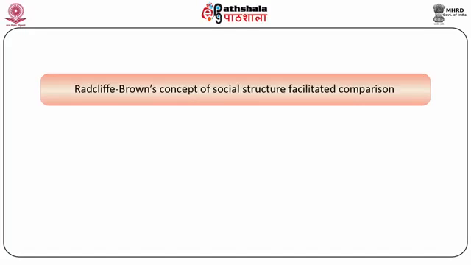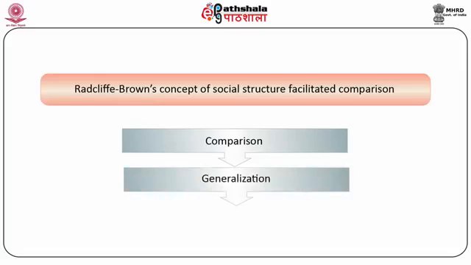It's a very important point in scientific inquiry that unless we compare society A with society B and society B with society C, we cannot generalize. Comparison was regarded as a precondition for generalization, and generalization as a precondition for giving rise to law.